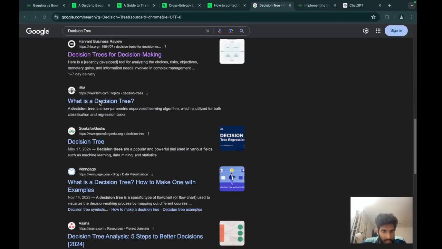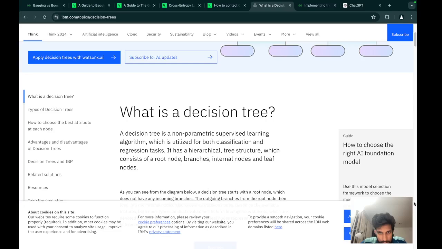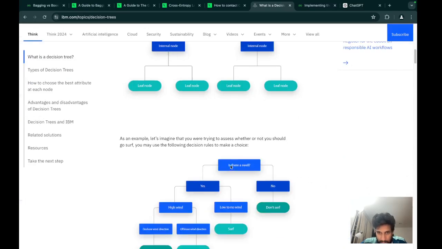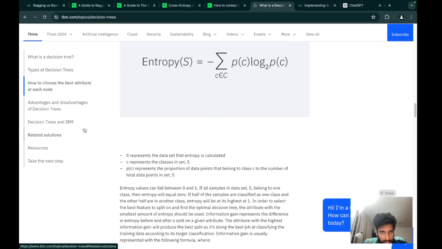Okay, decision tree. ID3. This uses gain ratio, and CART is classified as a regression tree.